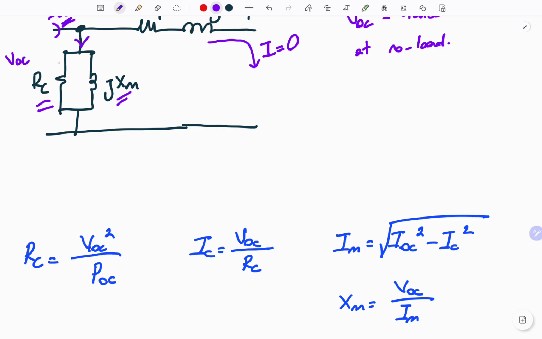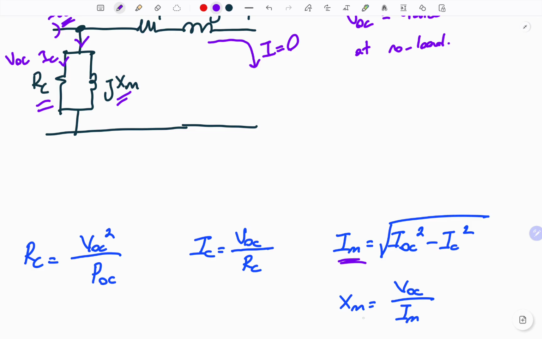Then the current flowing through RC, which can be called IC, the core losses current, can be calculated. Then the magnetizing current, which produces phi m, the mutual flux which connects primary with secondary, can be calculated from the magnitude.